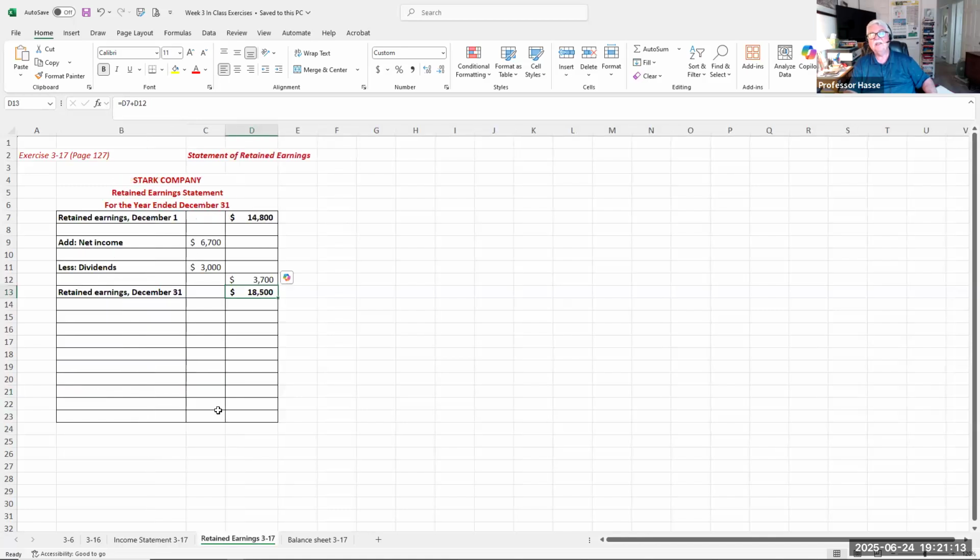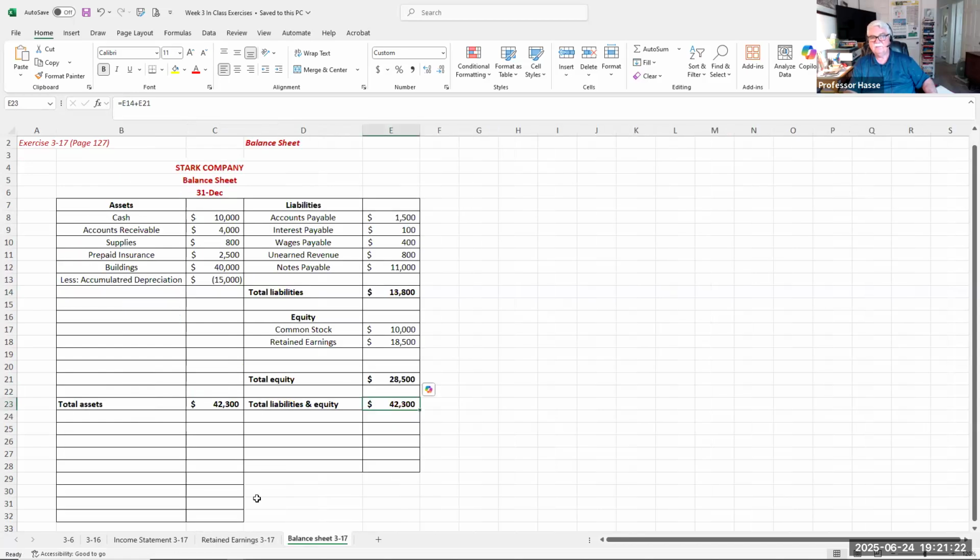This is the amount of retained earnings the company has retained since it began, 18.5. And here's a statement of assets, things that they own, liabilities, money or services that they owe, and the equity position of the ownership. So the owners invested $10,000 in this business.